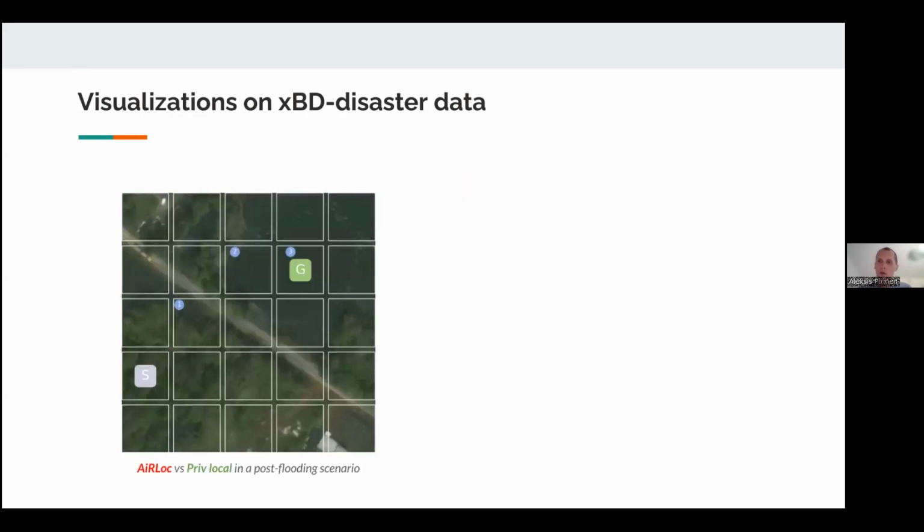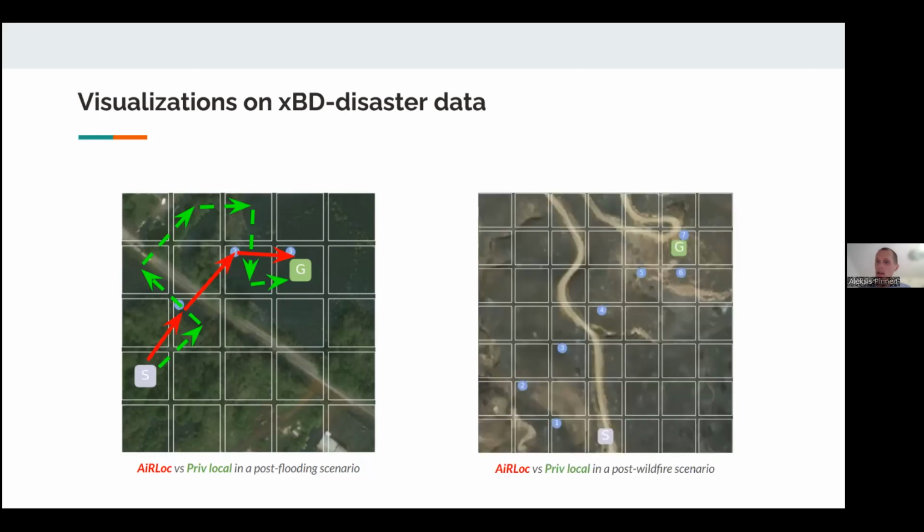Now we look at some further visualizations, and in this case we can see the red airlock and green priv local method move at the same time, so we can compare. So first step is the same, then they diverge, and airlock reaches the goal in 3 steps, and priv local has to take 6 steps before it succeeds. Taking a larger 7x7 area in a wildfire scenario, doing the same analysis, you can see how it goes.